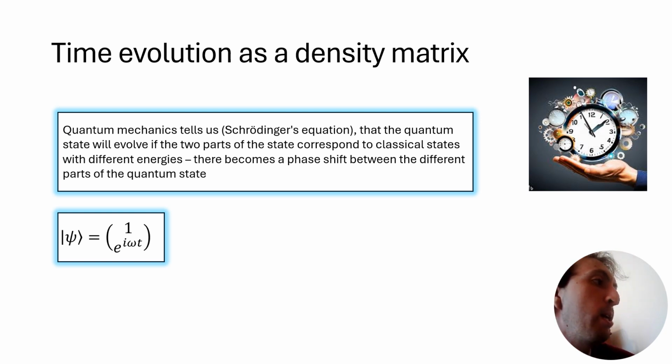That is, it's a number with size 1 existing on the complex plane. And ω is telling us how fast this component is changing, so it's really telling us how quickly our quantum state is evolving. At least in the case of energy, if our two classical states have different energies, then the larger the difference in energy, the faster this evolution will happen.